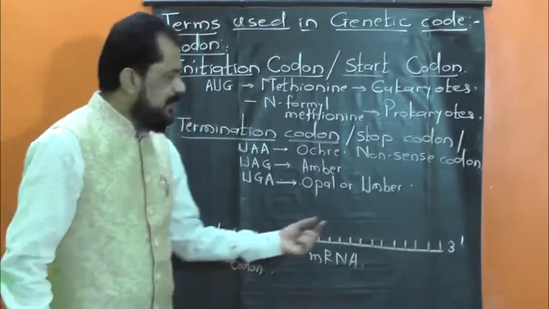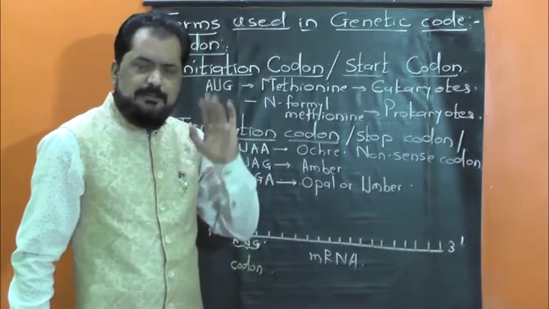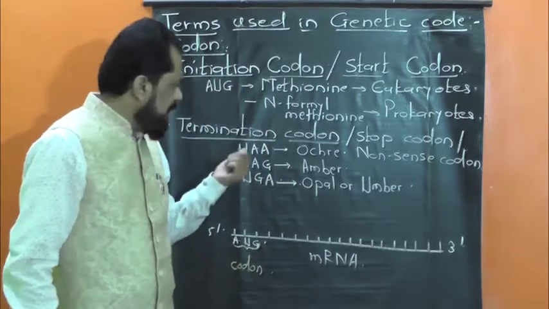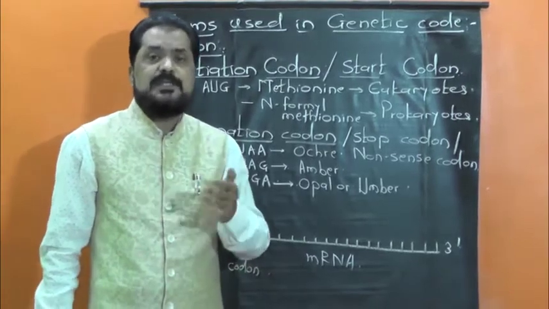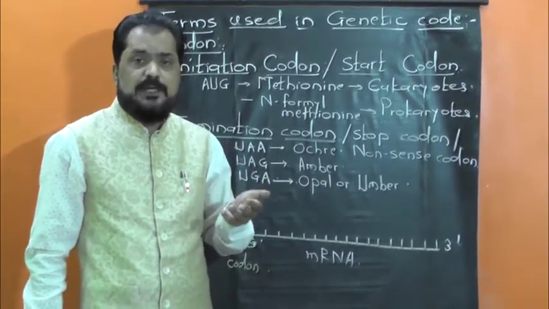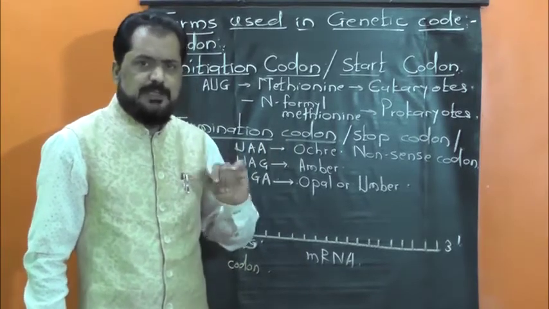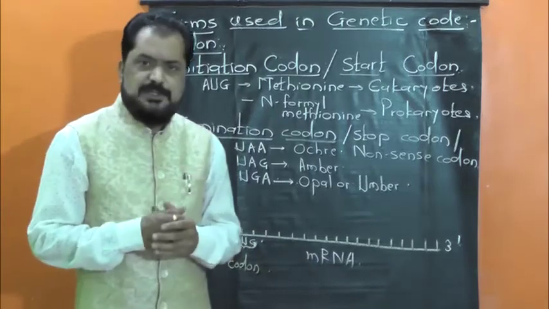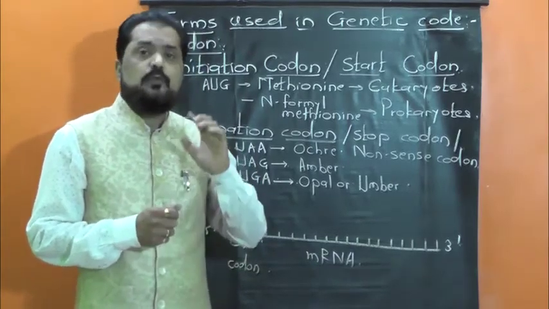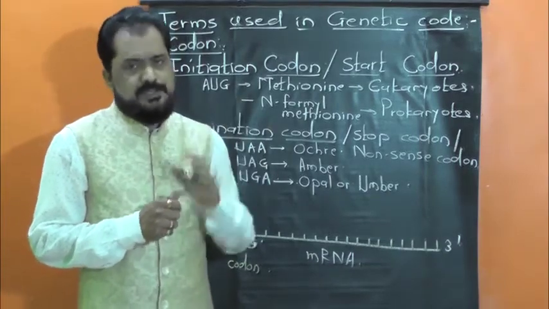या ठिकाणी मेसेंजर आरएनएच्या 3' एंड वर असणारा जो टर्मिनेशन कोडॉन असतो, that may be any one of these 3. तो कुठल्याही अमायनो ऍसिडला स्पेसिफाय करत नाही, कुठल्याही अमायनो ऍसिड साठीची माहिती आणत नाही, म्हणून त्याला नॉनसेन्स म्हणतात. आणि त्याच्या व्यतिरिक्त इतर सर्व जे कोडॉन्स आहेत मेसेंजर आरएनए वर ते कुठल्या ना कुठल्या अमायनो ऍसिडची माहिती कॅरी करतात, म्हणून त्यांना म्हटलं जातं सेन्स कोडॉन.